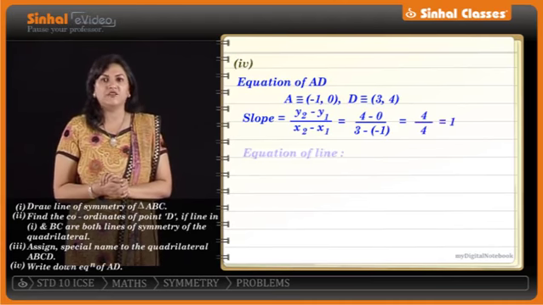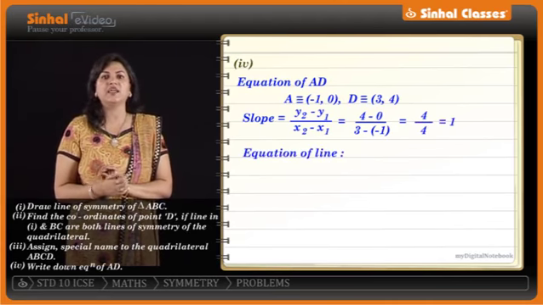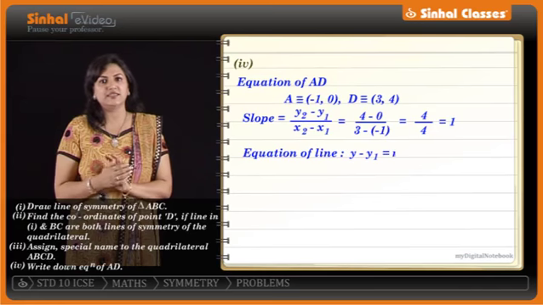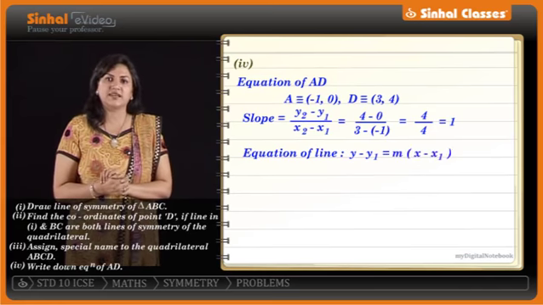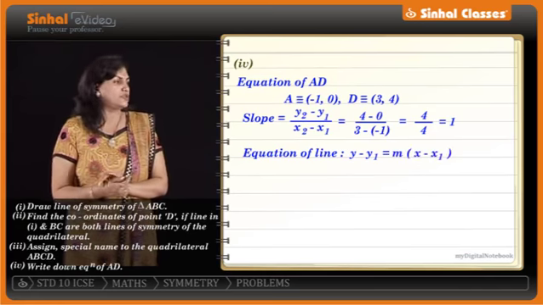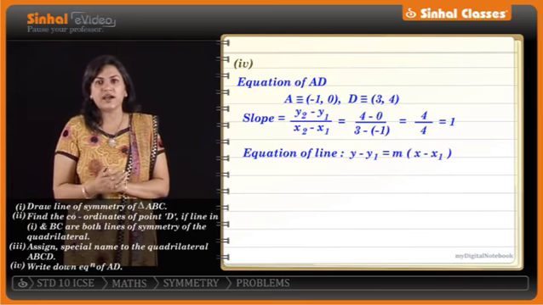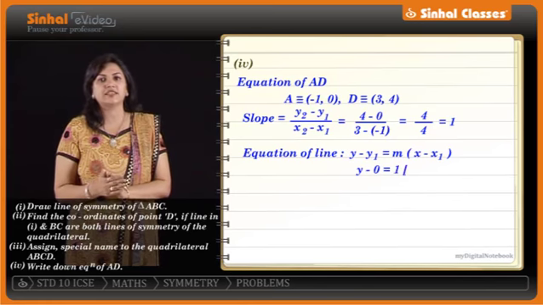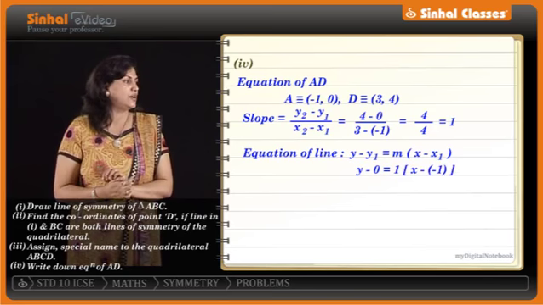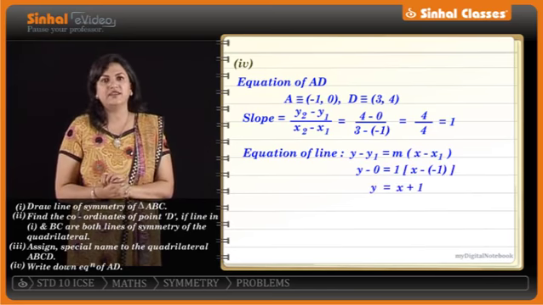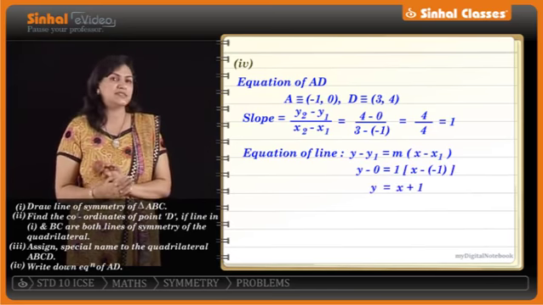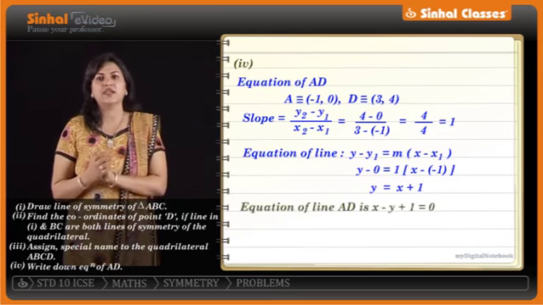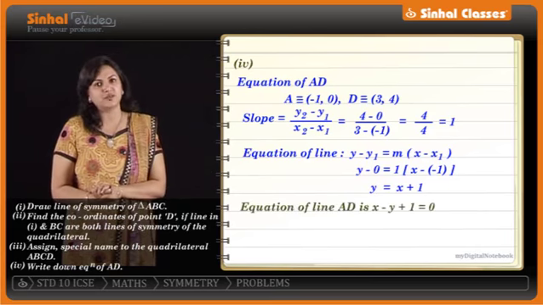Now the equation of the line will be obtained by y minus y1 is equal to m into x minus x1. We substitute the values, we get y minus 0 is equal to 1 into x minus of minus 1. That is y is equal to x plus 1. So we write the equation as x minus y plus 1 is equal to 0.